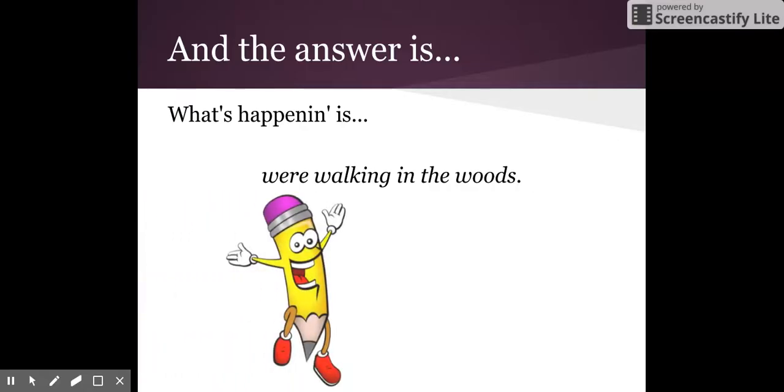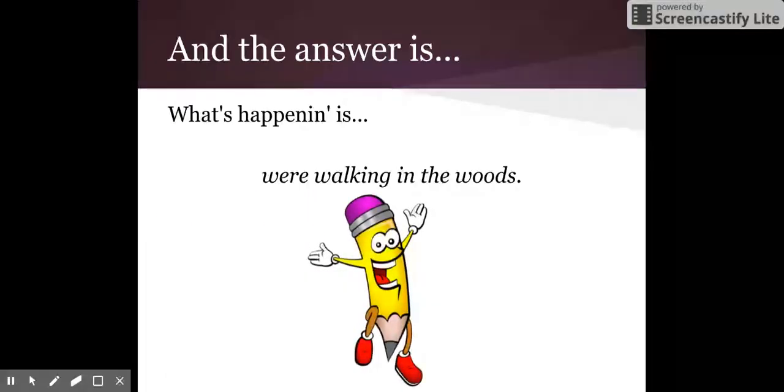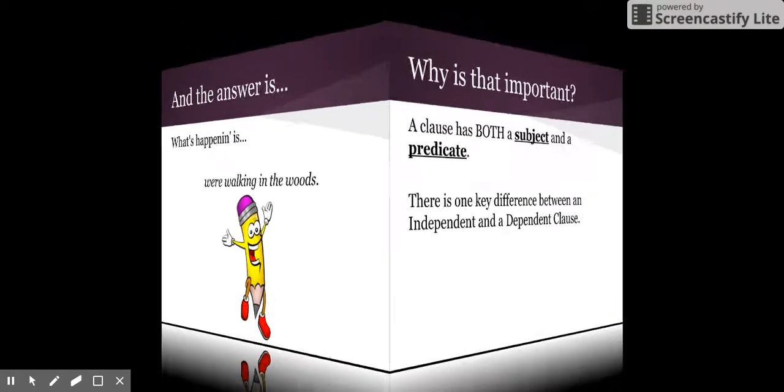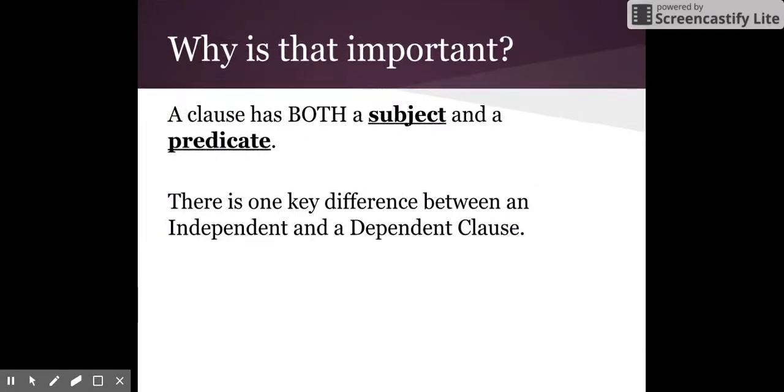The what's happening, the entire one, the complete predicate is we're walking in the woods. Why is all of that important? A clause has a subject and a predicate. So everything that we learned is going to be really important to what's coming next.